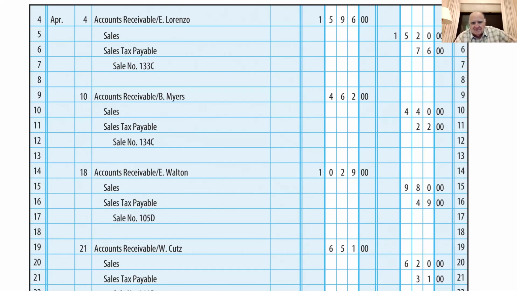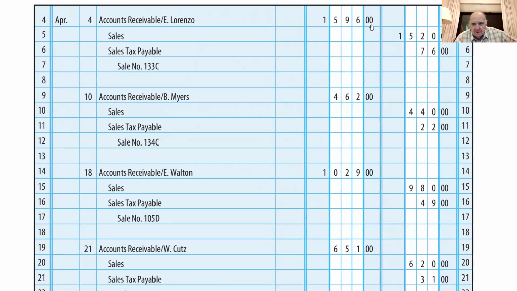Keep in mind that the sales line in your general ledger on any journal entry you prepare is always going to be the units sold times the price per unit. You will never have anything in this row, the sales row, except the extension of the units.